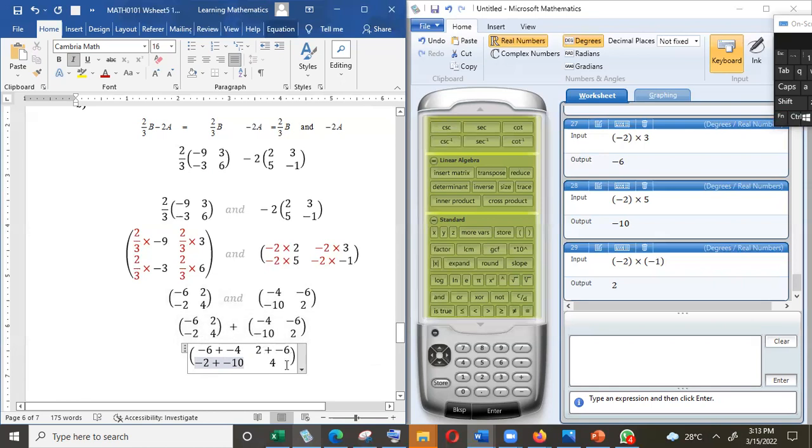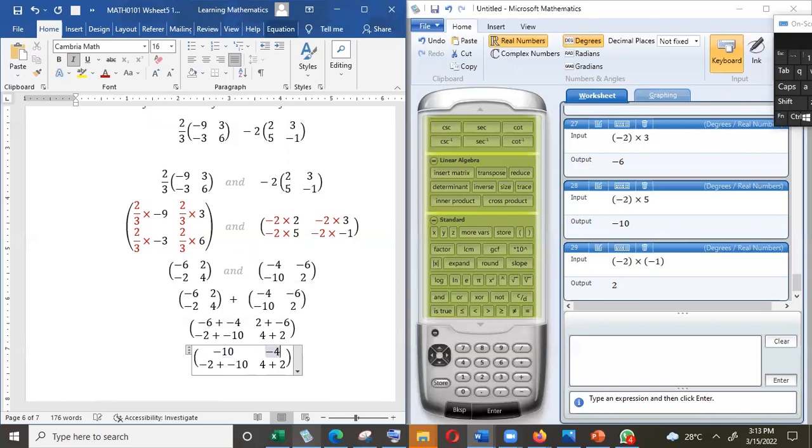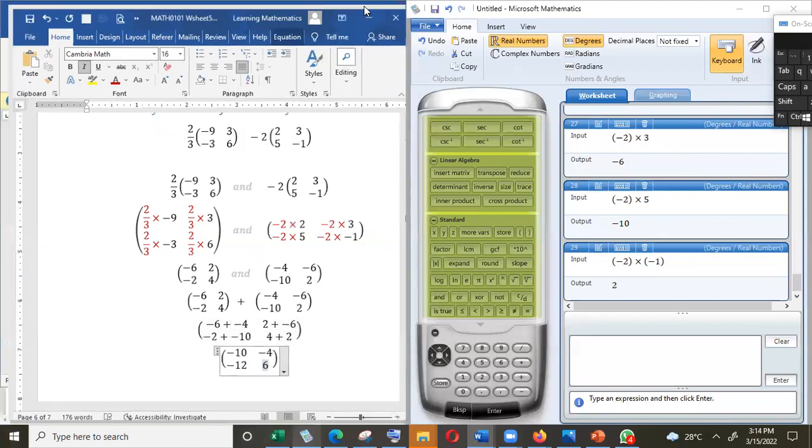And 4 plus 2. And this will give us -6 and -4, that's -10. 2 plus a -6, that's -4. -2 and -10, that's -12. And 4 plus 2 will give us 6. So this is the final answer for this question.